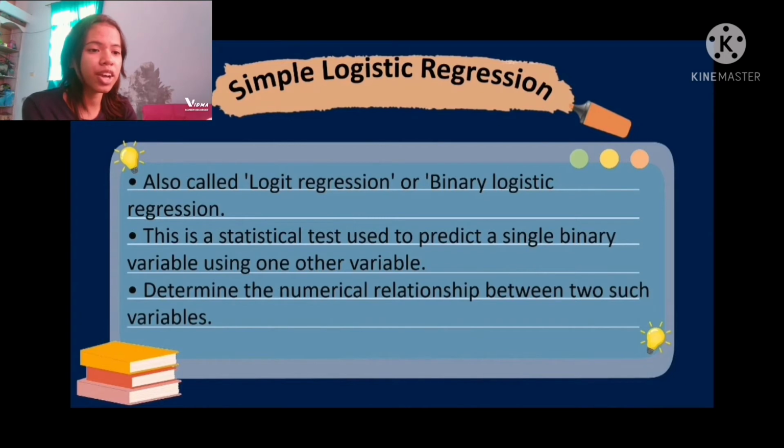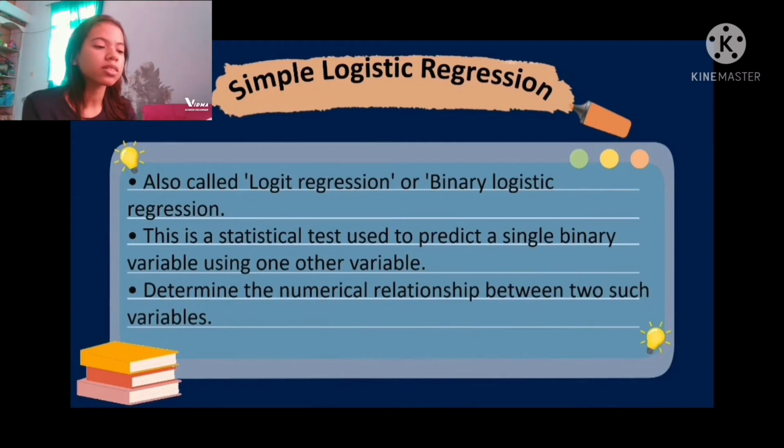Simple logistic regression determines the numerical relationship between two such variables. The goal is to estimate the probability of occurrence, not the value of the variable itself.